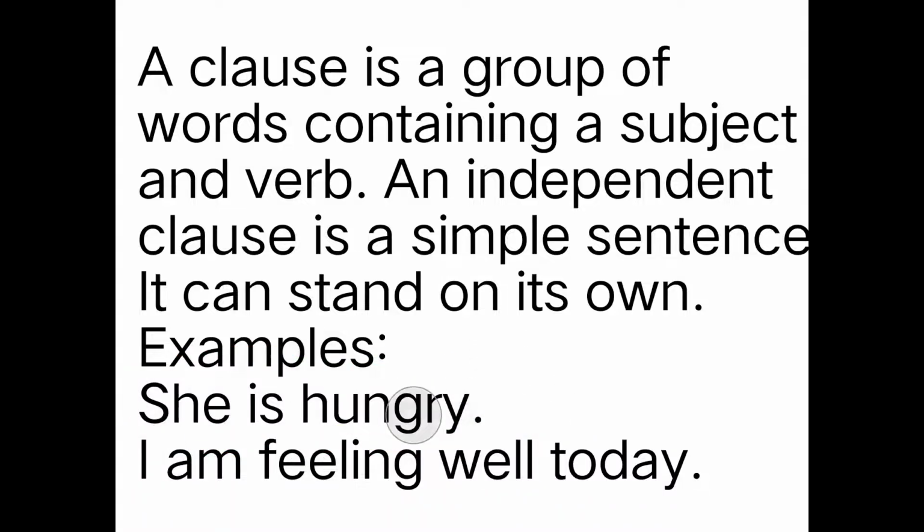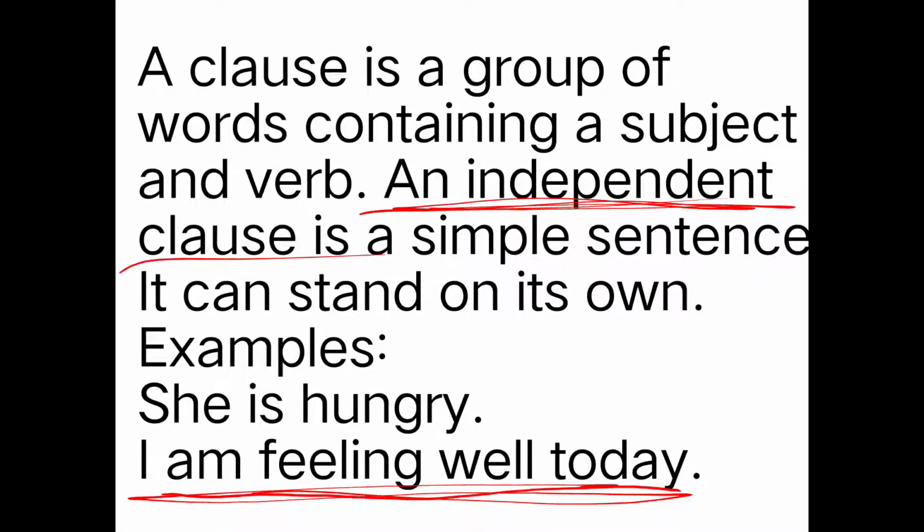Now the second example says: I am feeling well today. Here the subject is there, the verb is there, and the complete thought is there. There is no need of any other word, phrase or sentence to get the complete meaning. So we have learned about the independent clause, which is always a simple sentence.